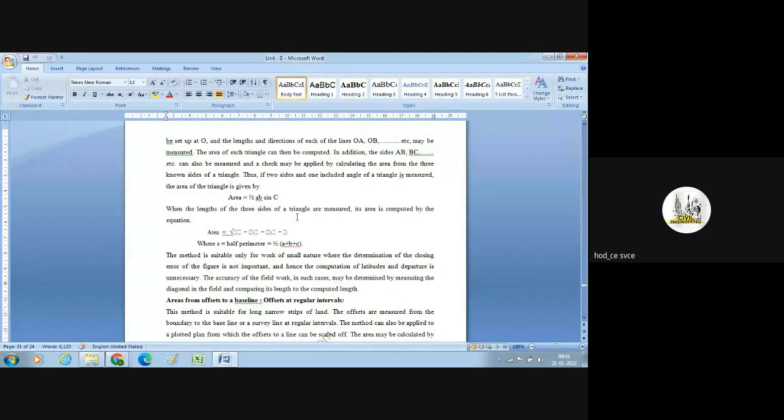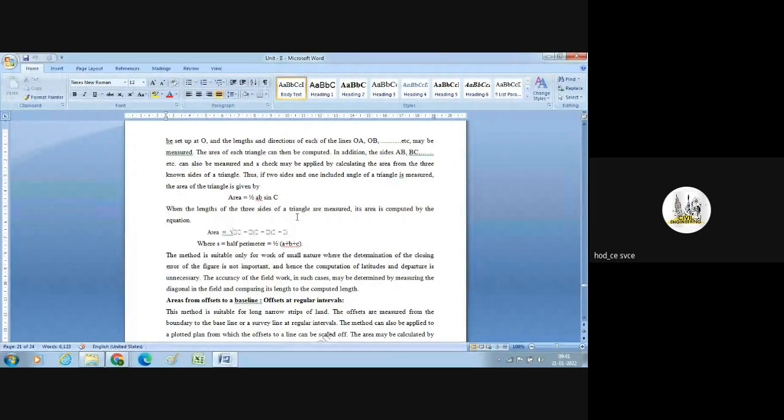If two sides and one included angle of a triangle are measured, then the area formula is half into a, that is one side, and b is the other side, sine C, that is the angle.